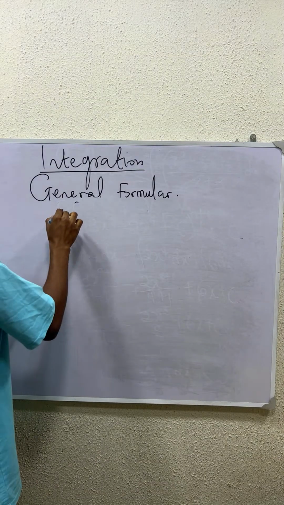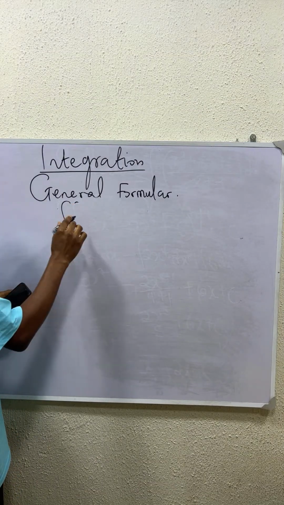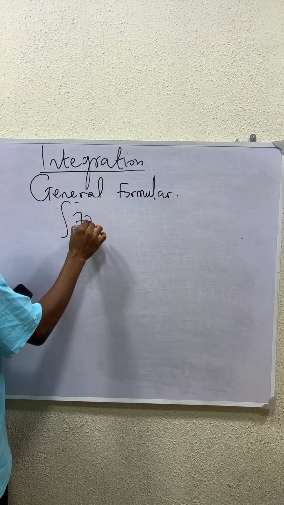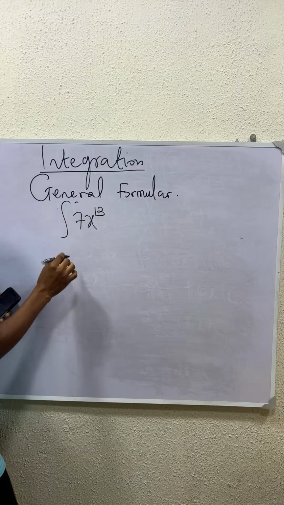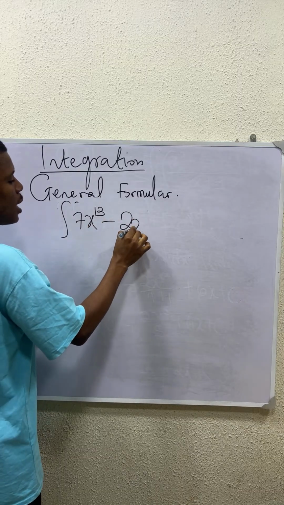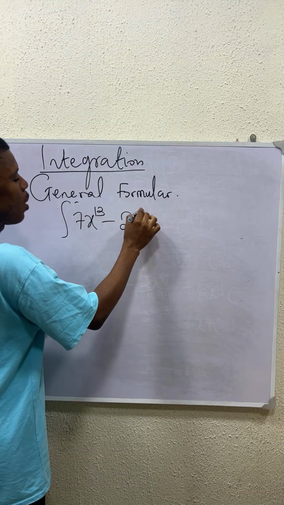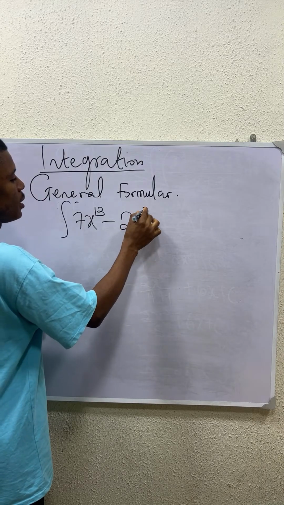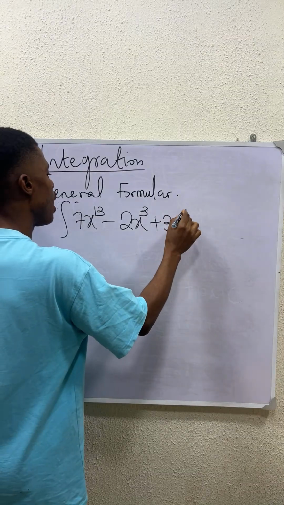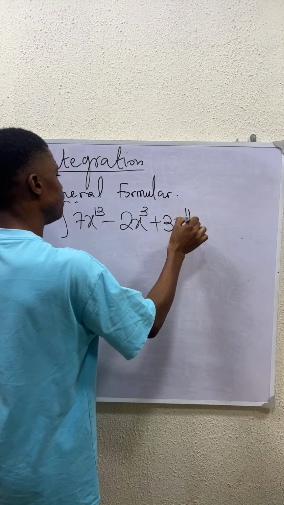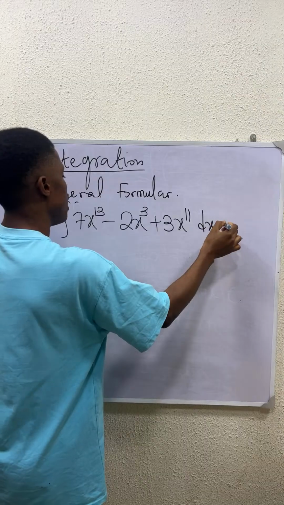Okay, so let's try to integrate a function like 7x^13 minus 2x^3 plus 3x^11 with respect to x.